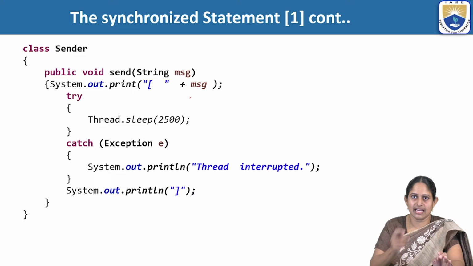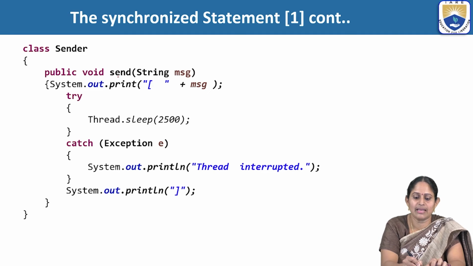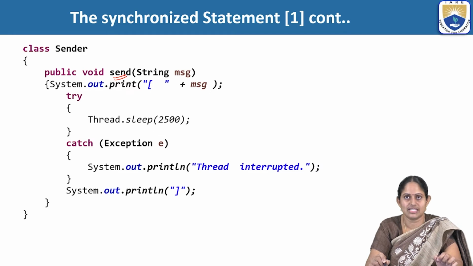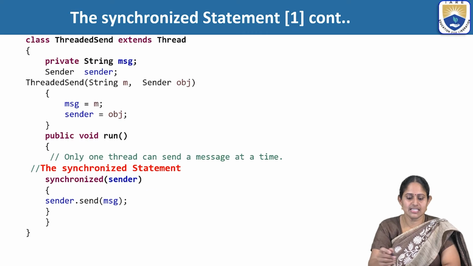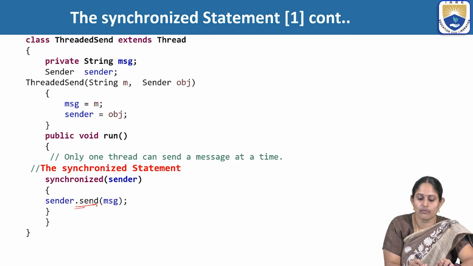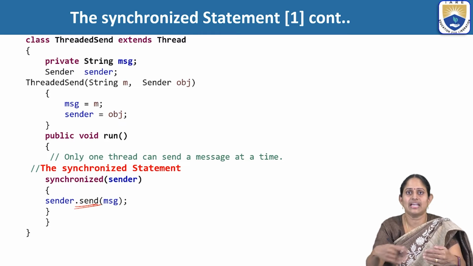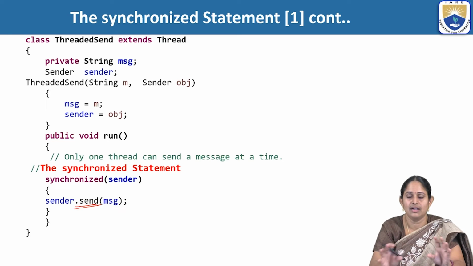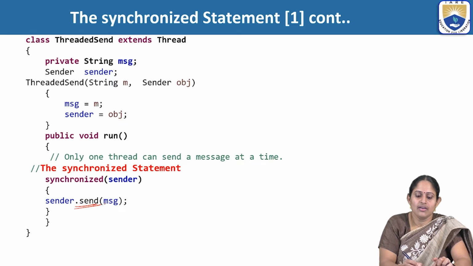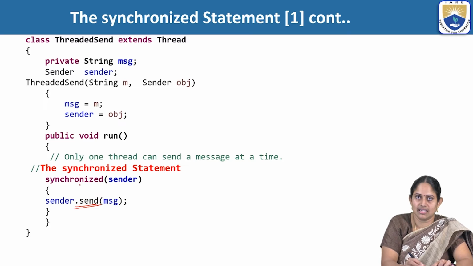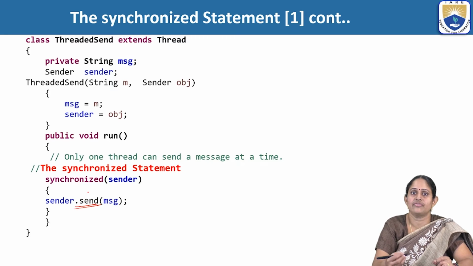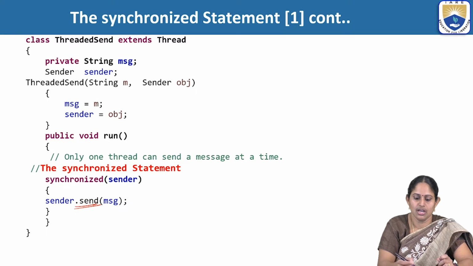In the previous case, we had applied the synchronized keyword over send, but in this case, because whatever value was being sent was creating this inconsistency, we just applied the synchronized keyword over the set of statements on which we want to apply synchronization. Here it was the send method which was causing the interleaving of statements.